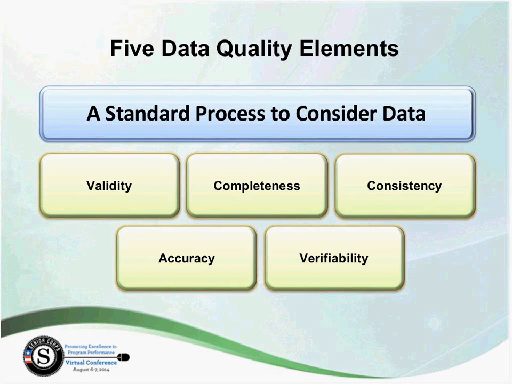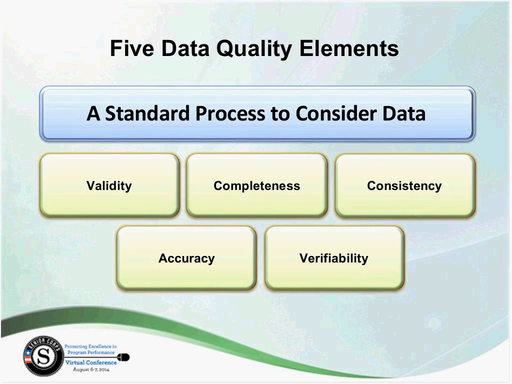Accuracy indicates whether the data is free from significant errors and whether the numbers seem to make sense. Verifiability considers the extent to which grantees have ways to verify that data was collected and reported according to plans and procedures.